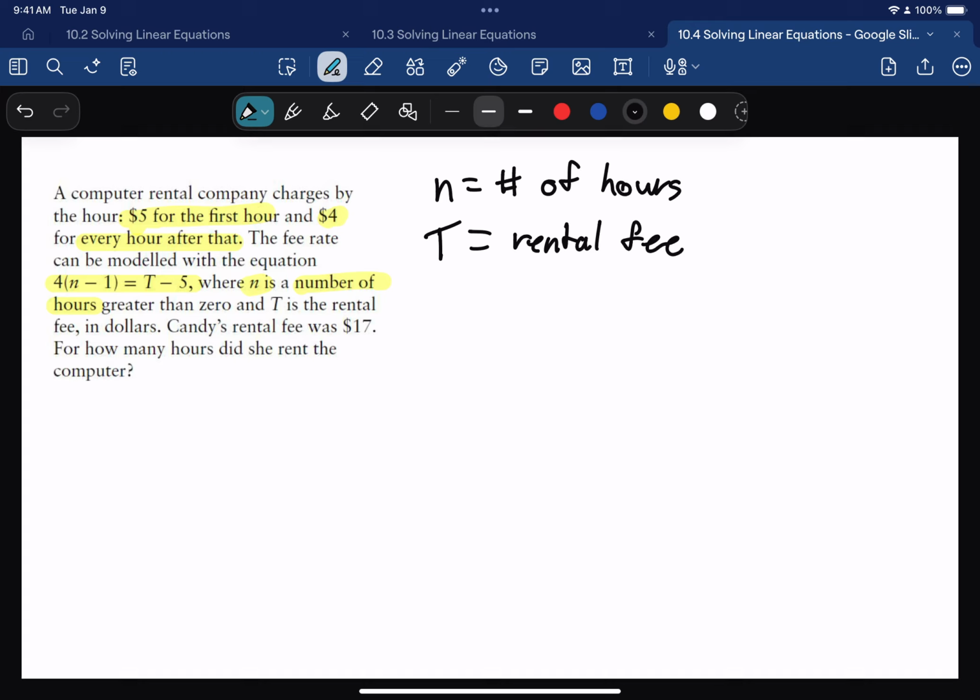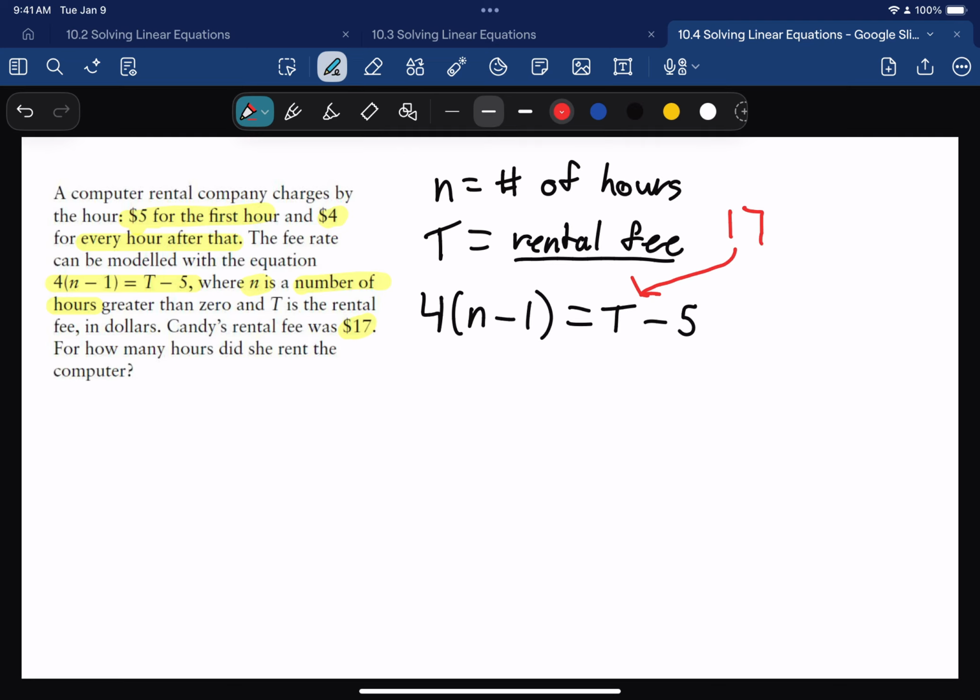Let's use our equation here. 4n minus 1 equals t minus 5. The rental fee is t, and her rental fee was 17, so let's plug 17 in for t.